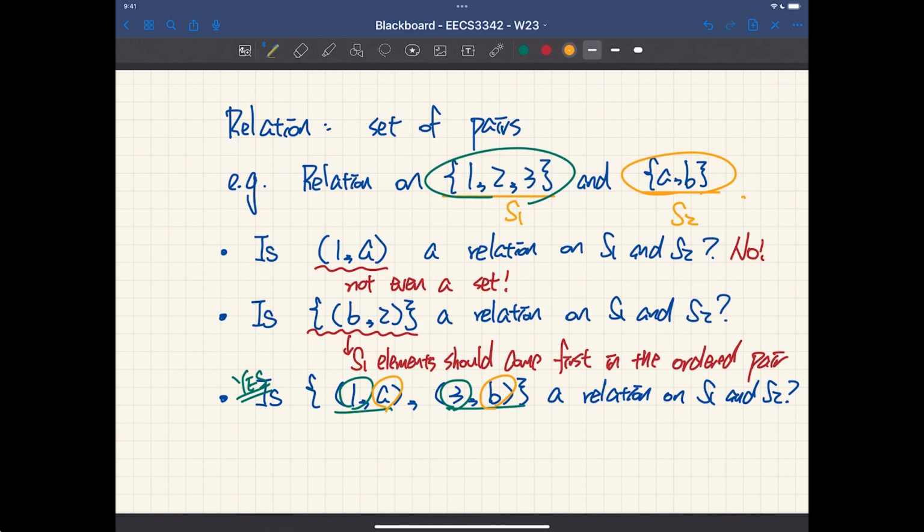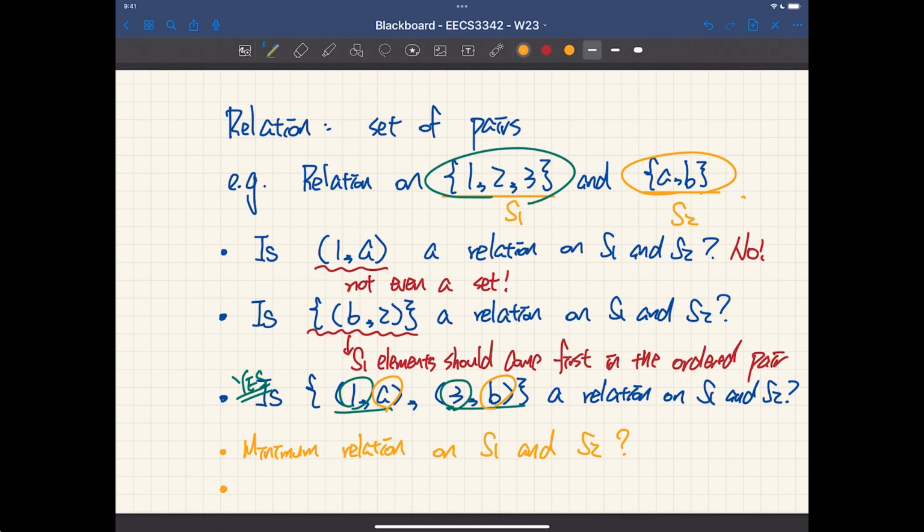So these are just warm-up exercises before I ask you two very important questions. Number one: what would be the minimum relation on S1 and S2?